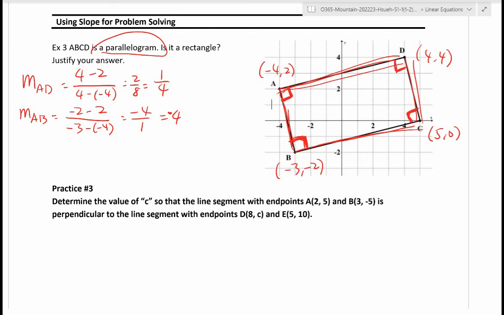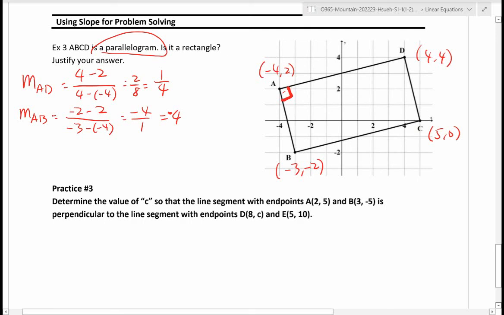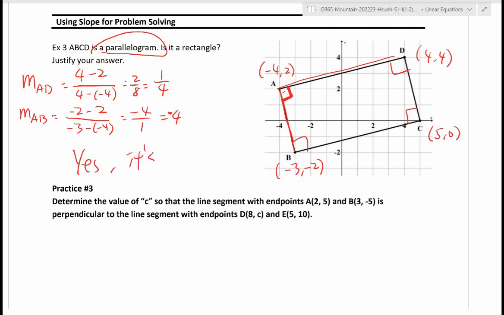Slope-wise, if this is perpendicular, then that is perpendicular. And this is perpendicular to that. Therefore this would also be perpendicular to that, because AD and BC have the same slope. So yes, it's a rectangle.